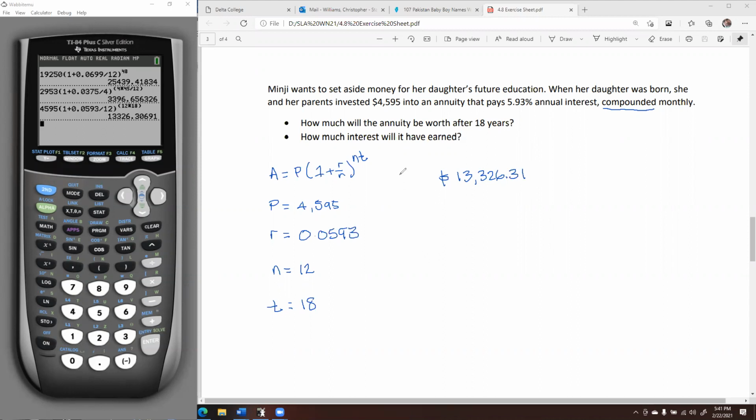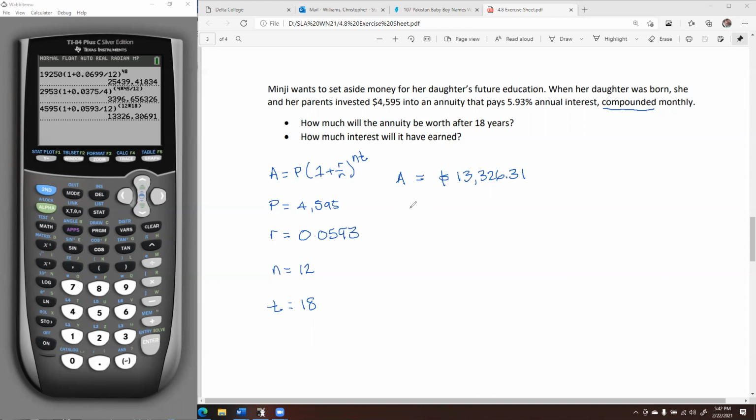Now notice, this is our A value. And recall, back in the beginning, we said A represents what? That's right, our total future value, or in the case of a loan, it would represent our total repayment amount.